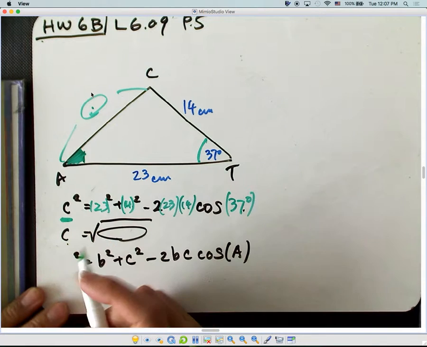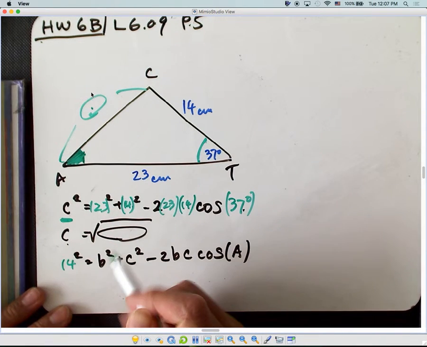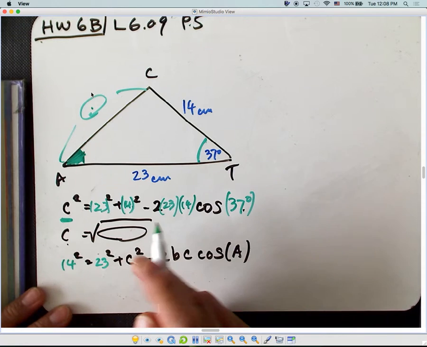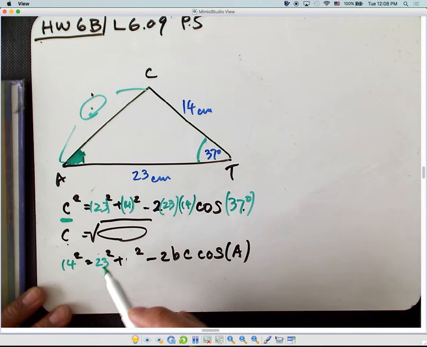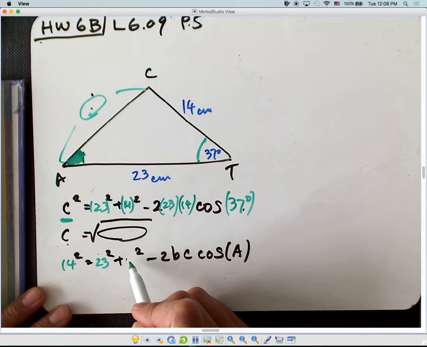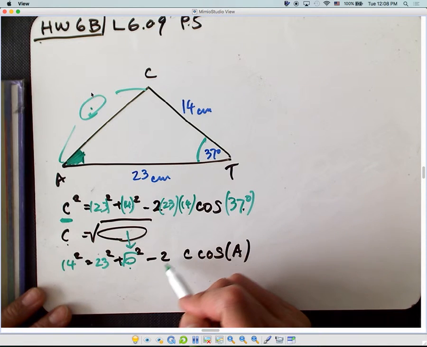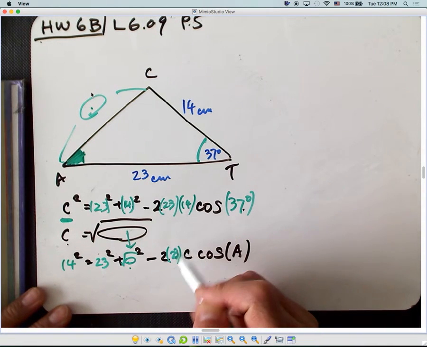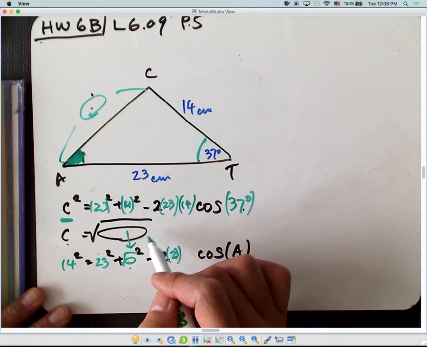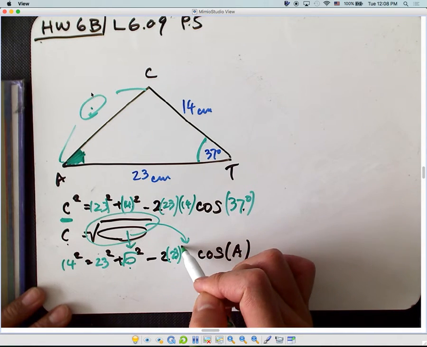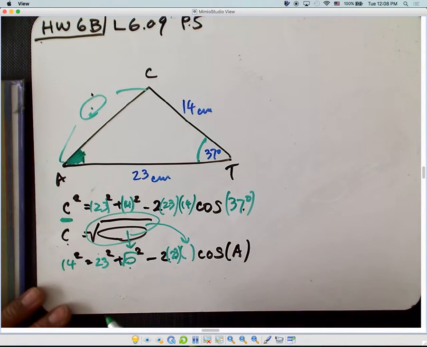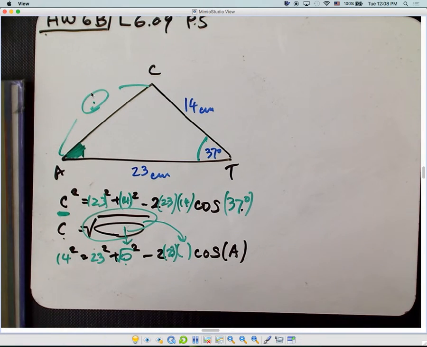So let's replace it. It's 14. We know what B is, 23. And after you do this one, you know what the C is. So let's replace it with the square root of whatever right there. Let's replace everything. B was 23. C was this guy. Do it out and solve for cosine A, right?